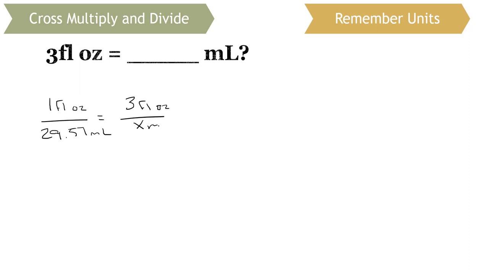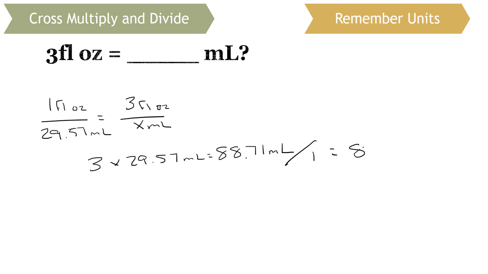How many milliliters would that be? So you'll take 3 times 29.57 milliliters is equal to 88.71 milliliters. But again, we're not done. We cross multiply and then divide.